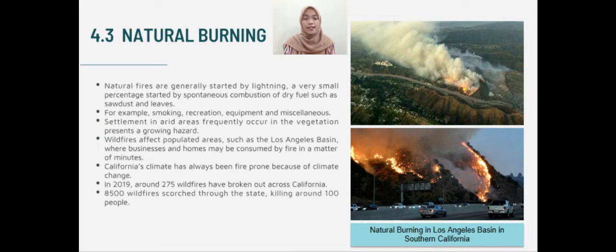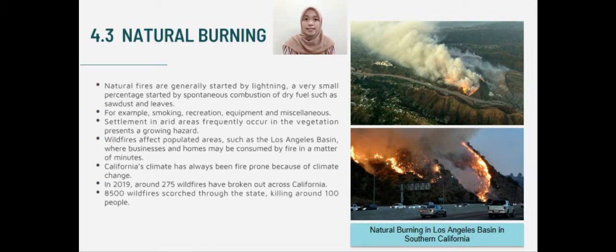Wildfires increasingly affect populated areas such as the Los Angeles Basin in Southern California, where businesses and homes may be consumed by fires in a matter of minutes. According to the New York Times, California has always been fire-prone, now made worse by climate change.